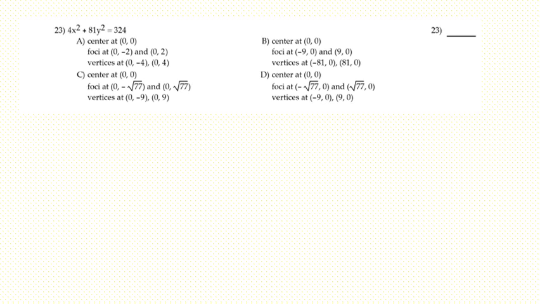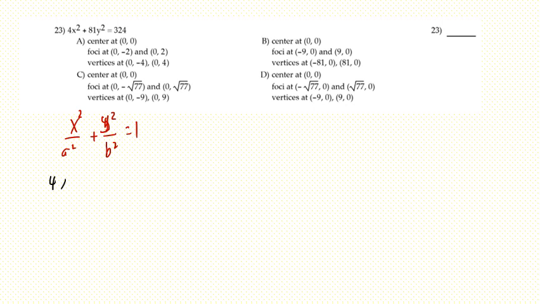Bismillahirrahmanirrahim. Regarding question number 23, all I have to do is rewrite this equation of the ellipse in the form of x squared over a squared plus y squared over b squared equals 1. So I'm going to divide the three terms by 324.